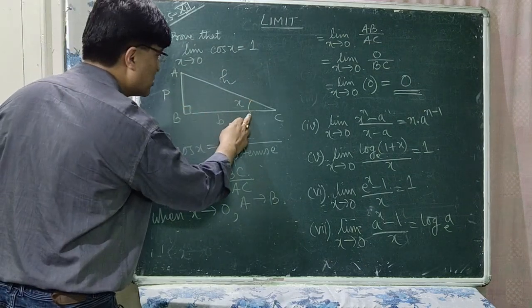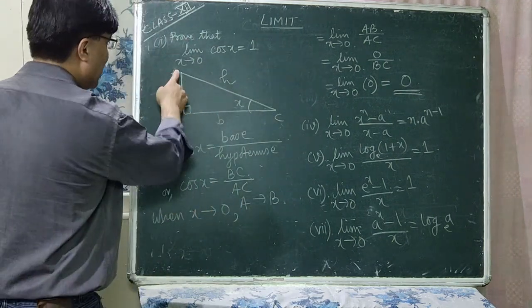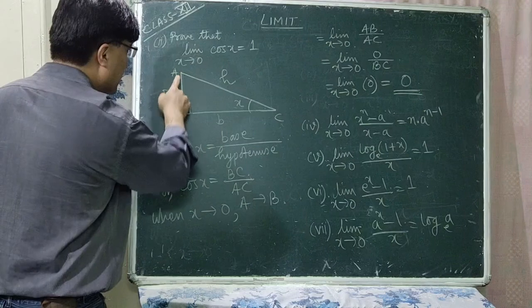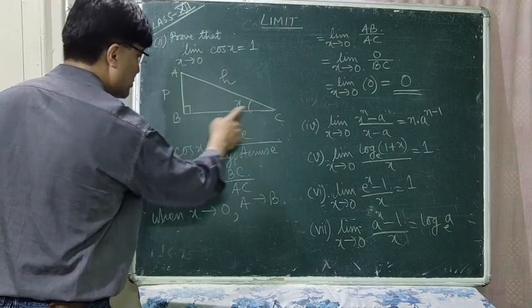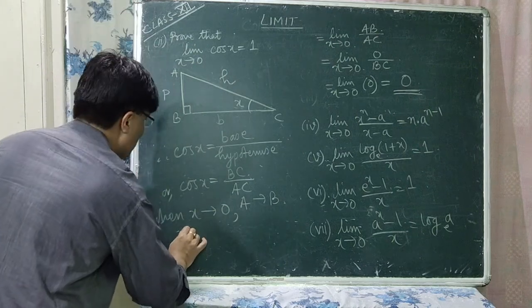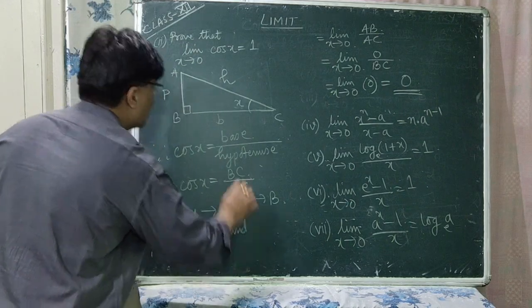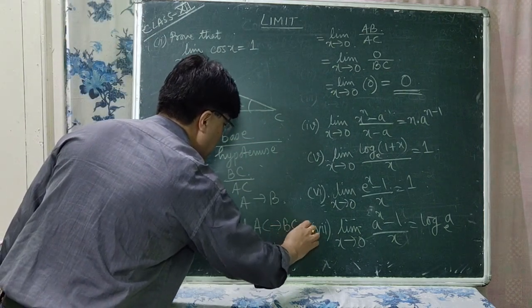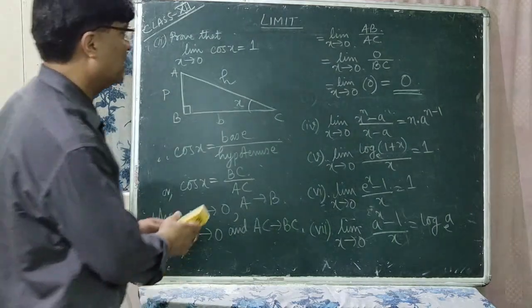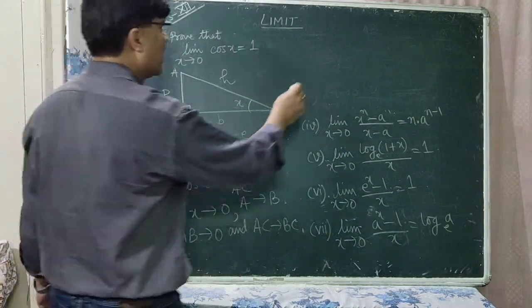When x approaches 0, AB approaches 0, and this AC approaches BC. So here in this case, AB tends to 0 and this AC tends to BC. This AC tends to what? BC, right? Now in the next step, what do we write?